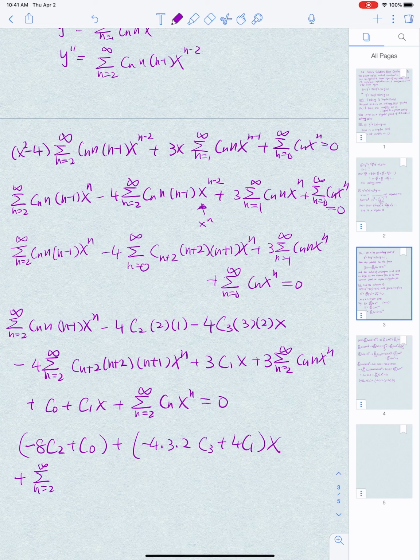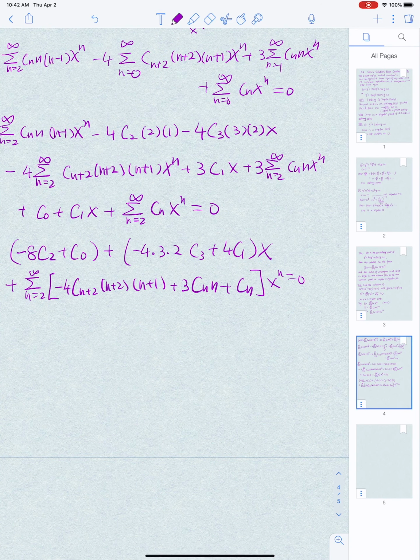And then everything else. And that has to equal to 0.